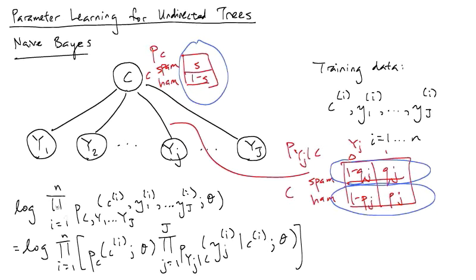And how that appeared in the formulas was that we had the log likelihood across our training data, which we then wrote in the factorization for each of the training data points, where we have the class and then the features given the class.